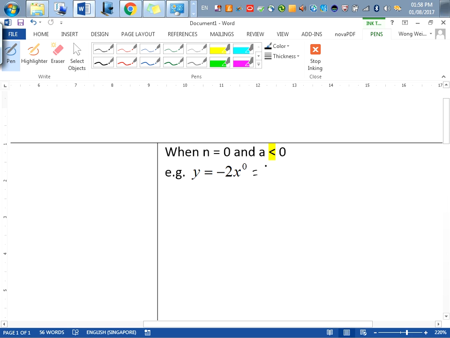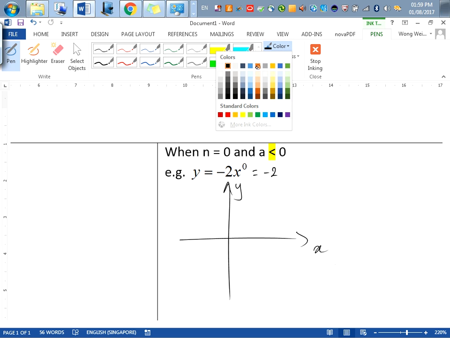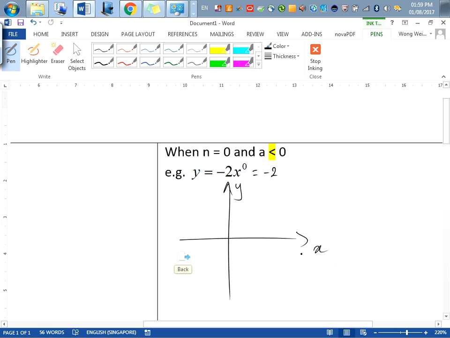So what's this? Negative 2 x power 0. How much is that? Negative 2. So again, your x and y axis with ruler. And we will have a line, again horizontal, but below the x-axis.